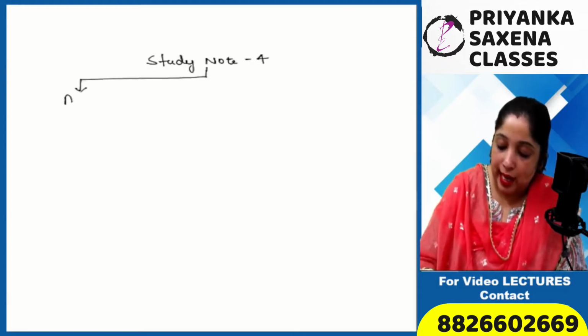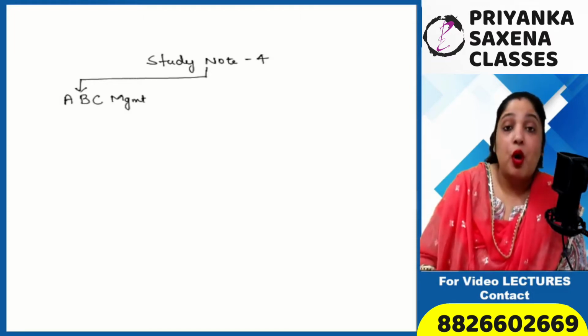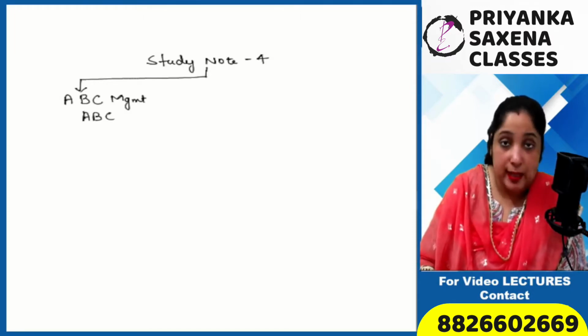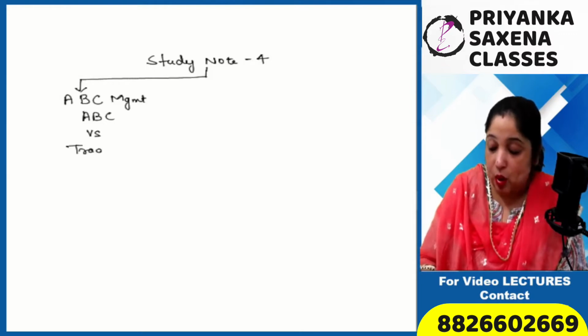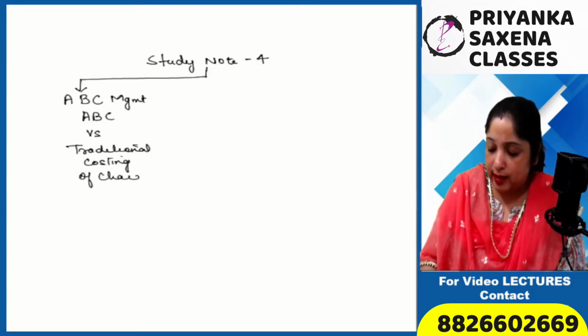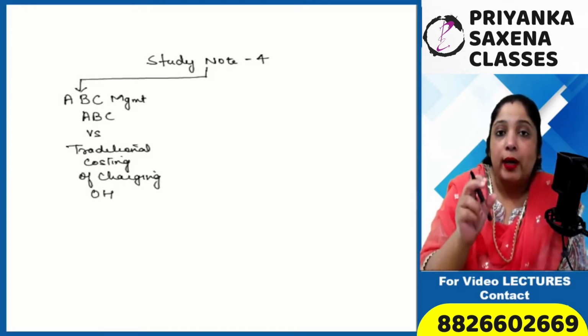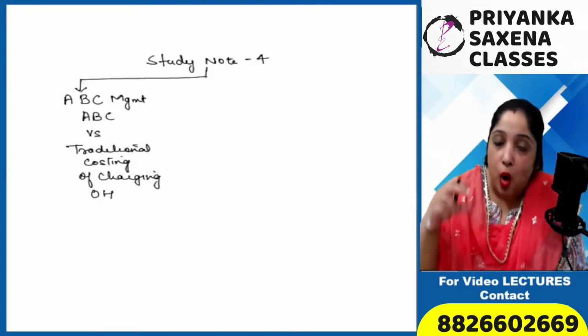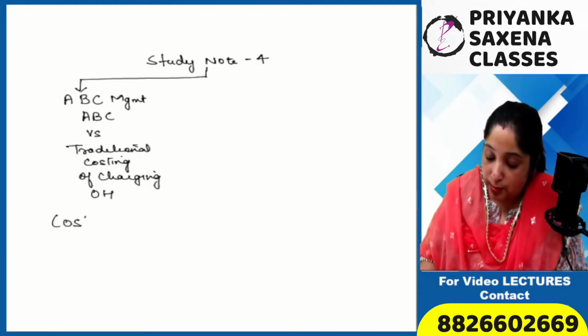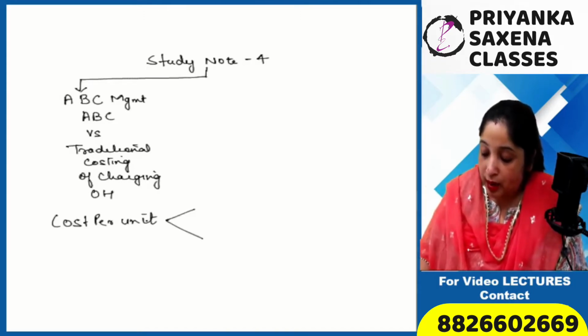One is activity based costing management, in which you are going to study ABC, activity based costing, versus the traditional costing of charging overheads. How to add the overhead cost in computation of cost per unit. When you compute cost per unit, how do you charge direct cost and indirect cost?